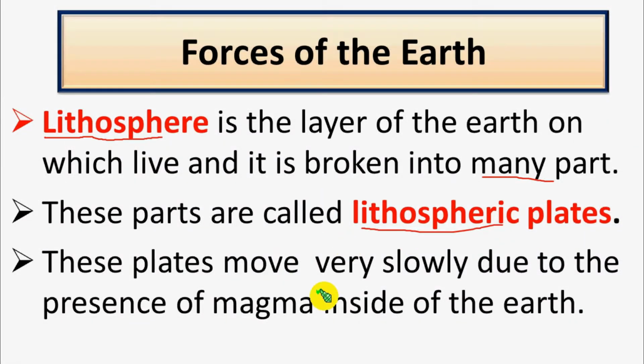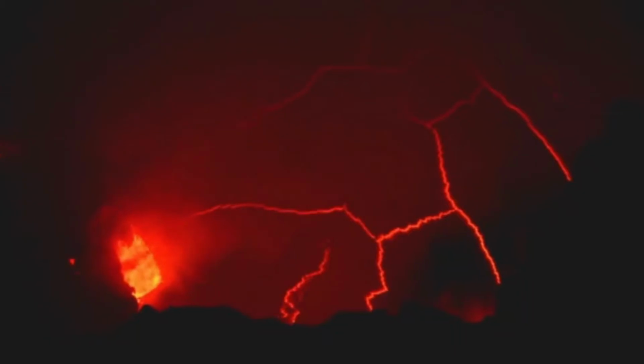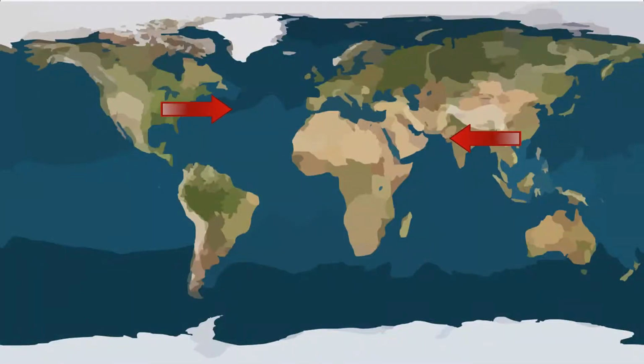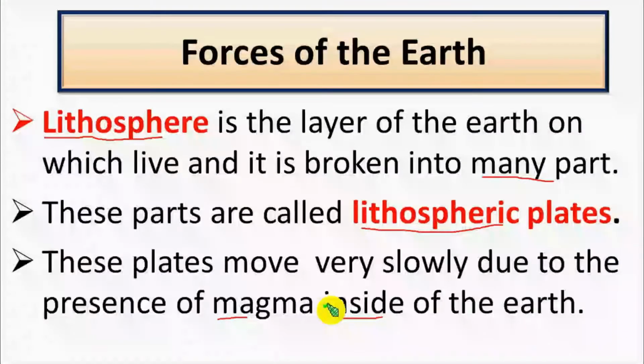These plates move very slowly due to the presence of magma inside the earth. The movement is very slow, just a few millimeters in a year, which we cannot judge normally. And this movement is there due to the presence of magma.